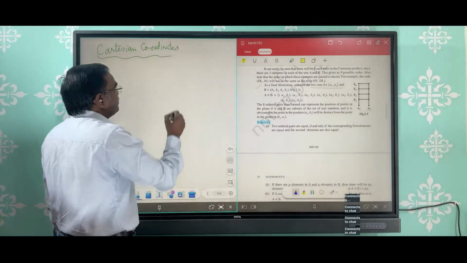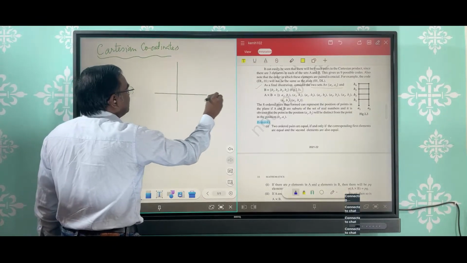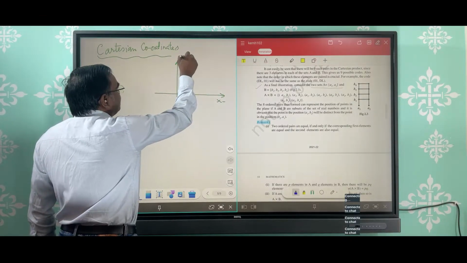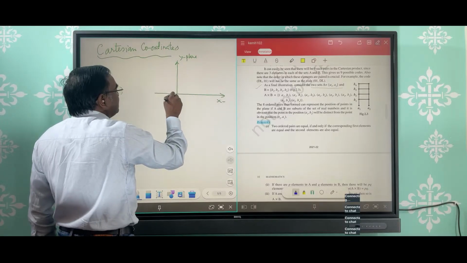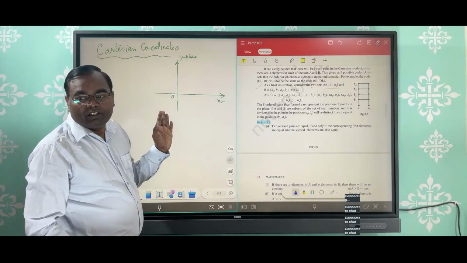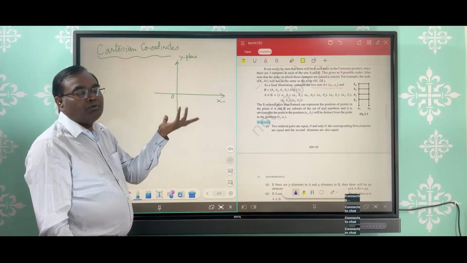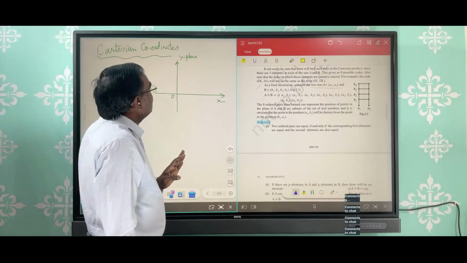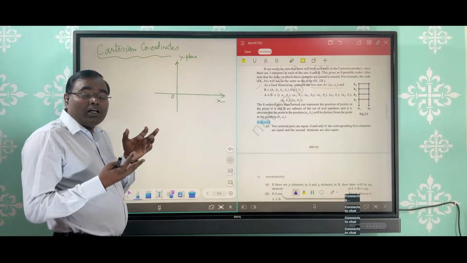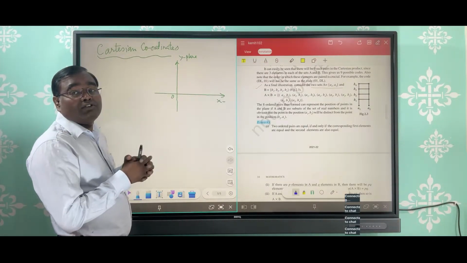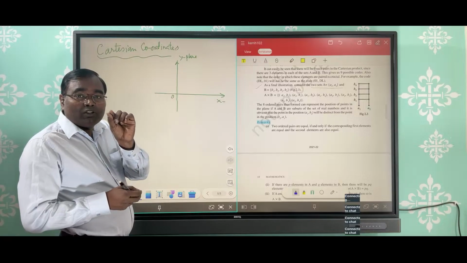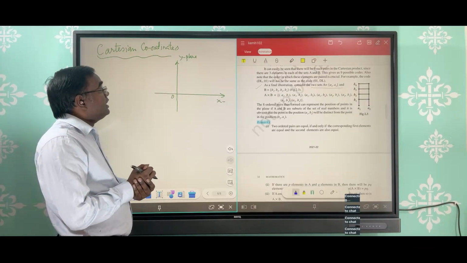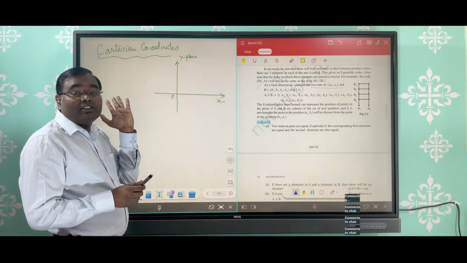Suppose we want to draw points in the xy plane. Without thinking, we draw two perpendicular number lines and place the points in this plane. Where do these ideas come from, to represent a particular place in the plane with the help of Cartesian coordinates? That is coming from the Cartesian products.